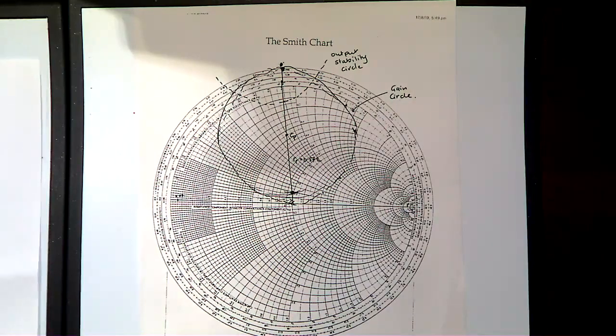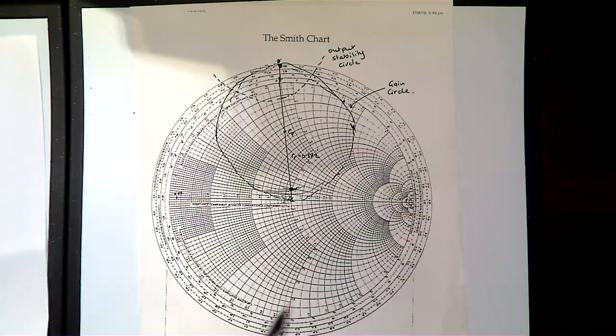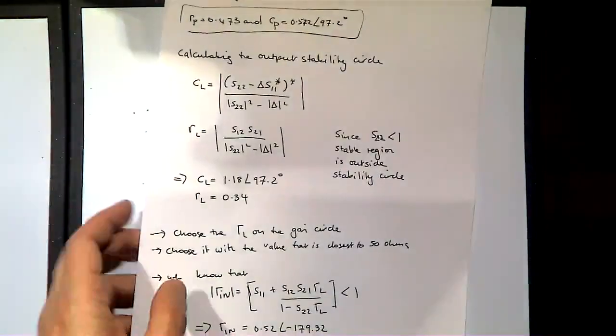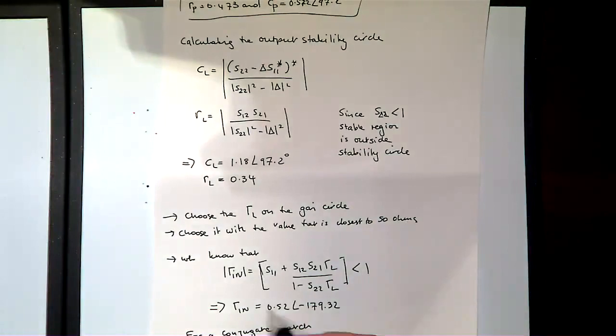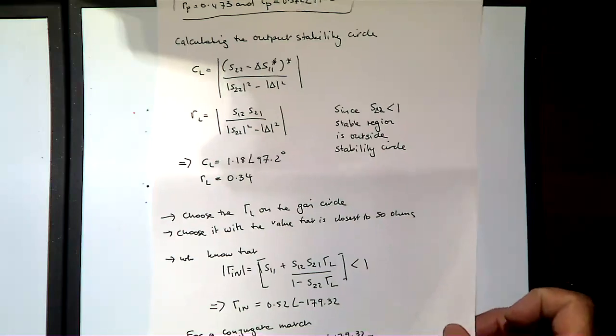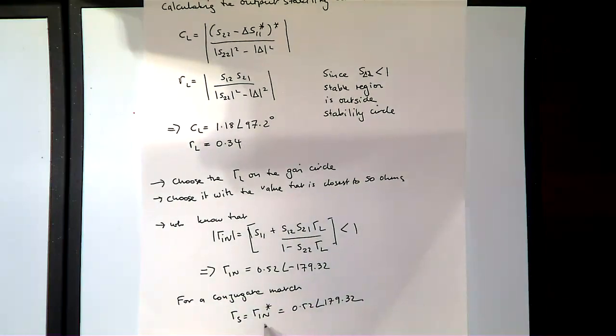Once you've got gamma L, you can work out what gamma in is, and you can work out what this value is. For a conjugate match, gamma S is equal to gamma in conjugate.